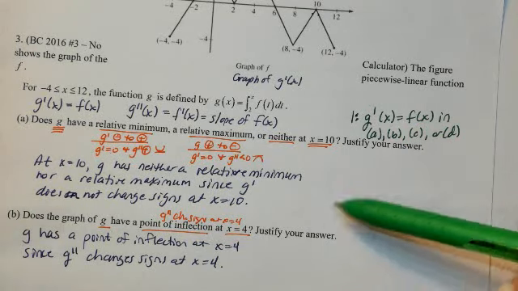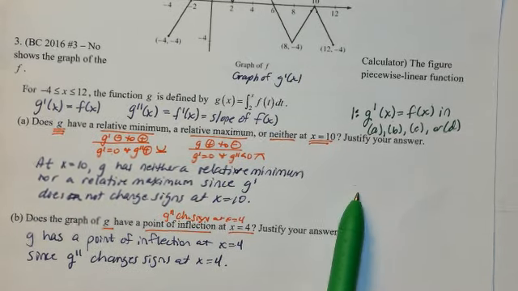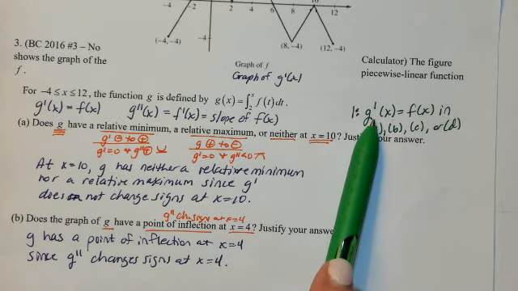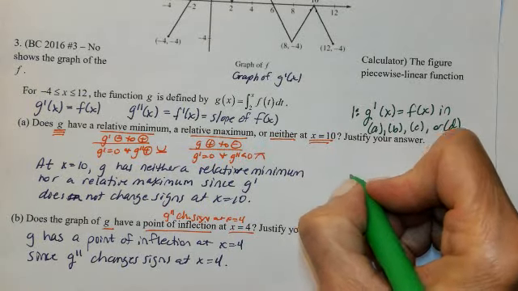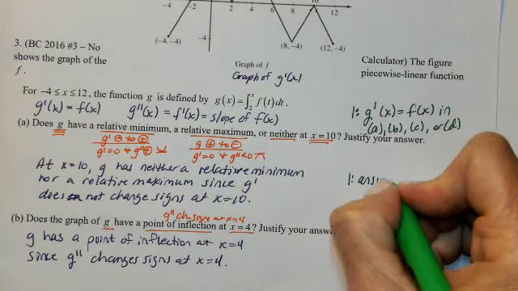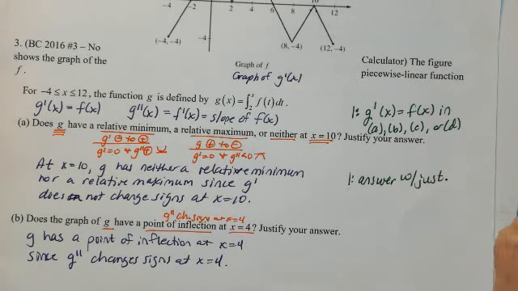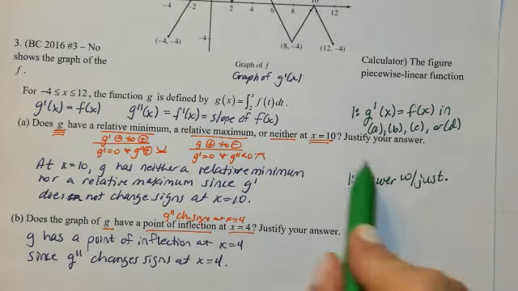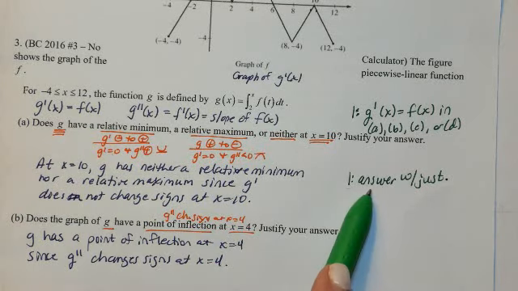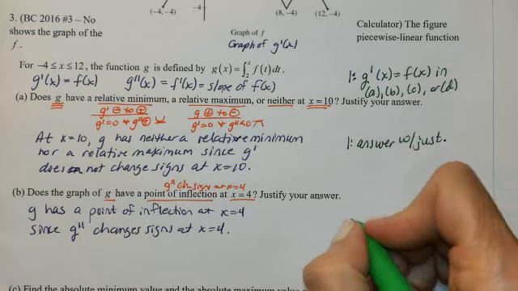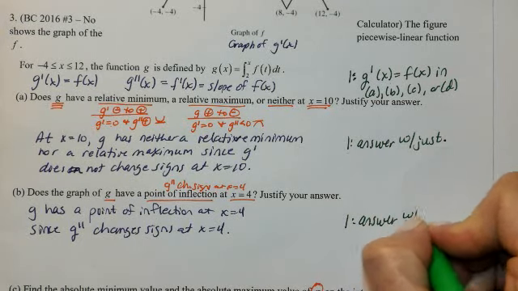So we had to use it way up here in part A, and we would not get the credit for part A if we had not already stated this. Part A gave 1 point for the answer with the justification. If we had not stated already that g prime was f, we could not have justified it, so we would not have gotten that point. Part B, they gave 1 point for the answer with the justification.